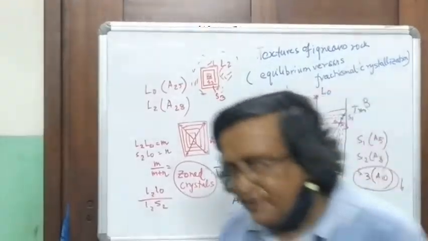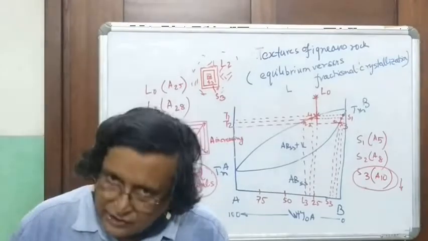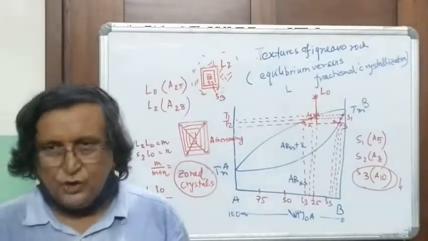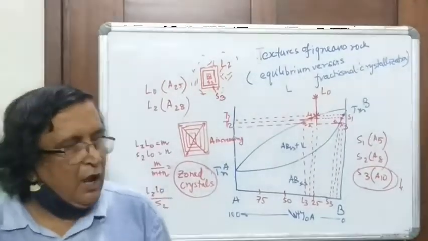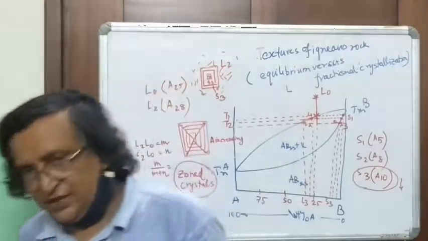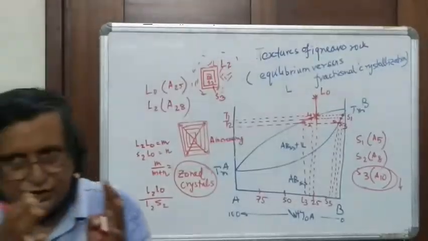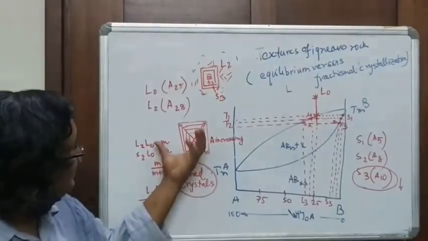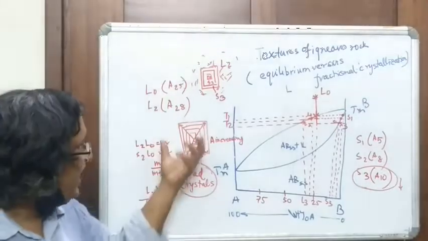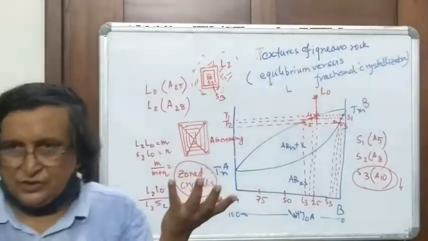But crystals which are not zoned, solid solution crystals that do not show zoning, are possibly formed by equilibrium crystallization processes. This is one important texture that I have told you: the presence of chemically zoned and chemically unzoned crystals.